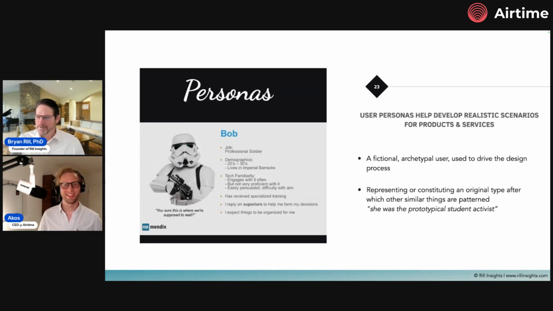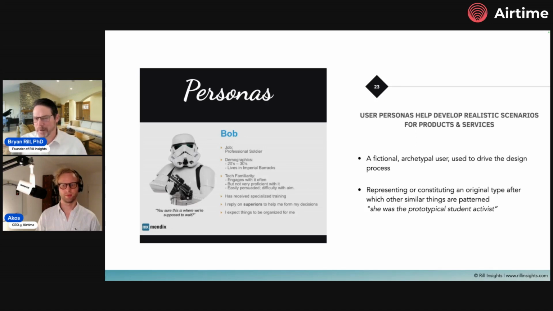Okay. Now, all of that is pretty funny, but also pretty valuable information for a persona where we might be building a technical product for Bob, our stormtrooper, right? Maybe it's a new blaster. Maybe it's a new type of armor, right? This set of information helps us understand how Bob might or might not use our new piece of technology.